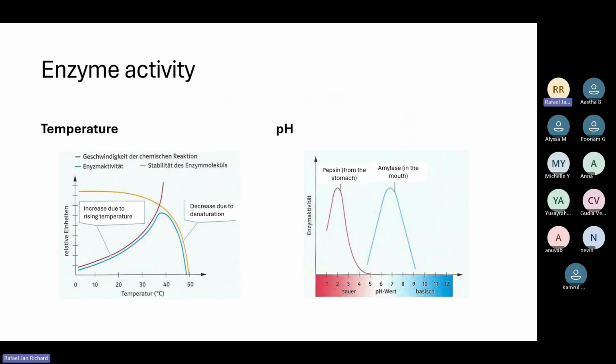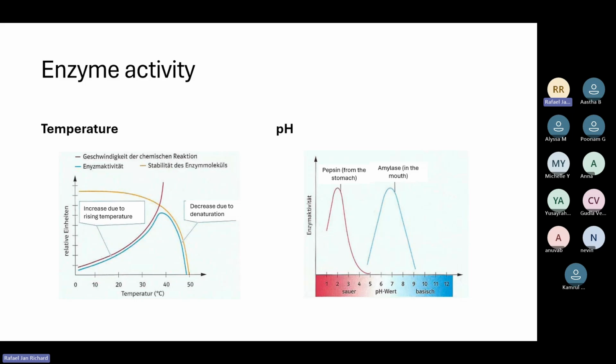Here are two major influences on enzyme activity. As you can see here, there's the temperature. As you know, chemical reactions are usually faster with rising temperature, and you can see that here until this point. But as enzymes are proteins, they denature at a specific temperature.